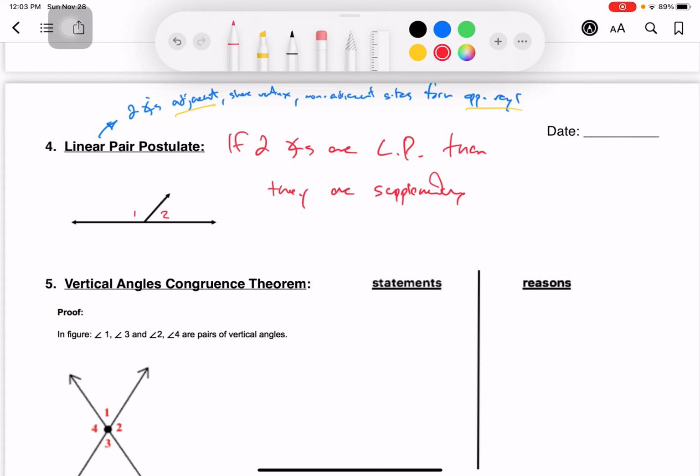Okay? So that's the linear pair postulate, sometimes referred to as simply LPP. So when you go from a linear pair being stated to they equal 180, and you cite definition of linear pair, you're incorrect. You should state linear pair postulate.